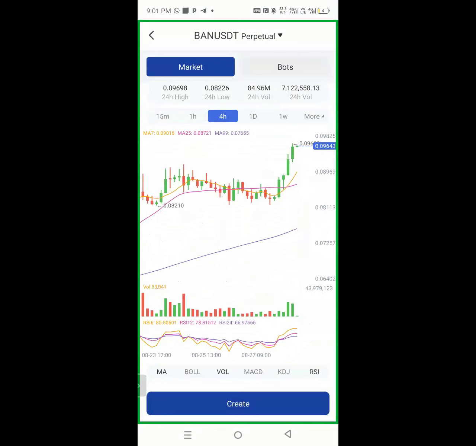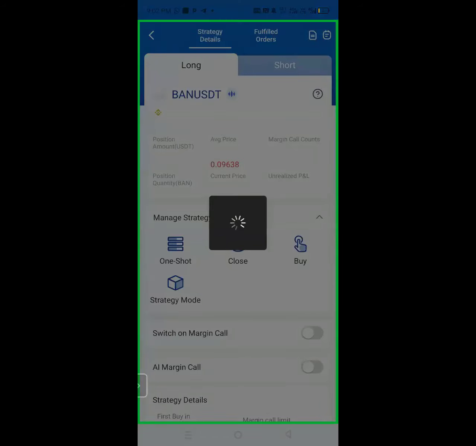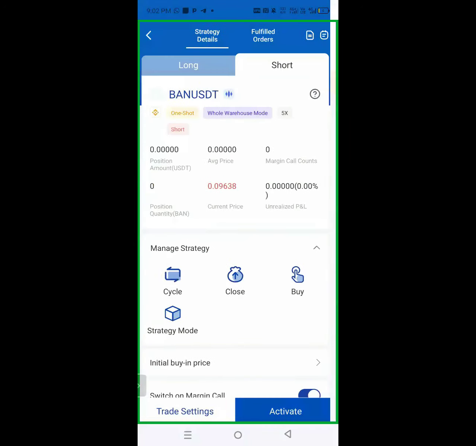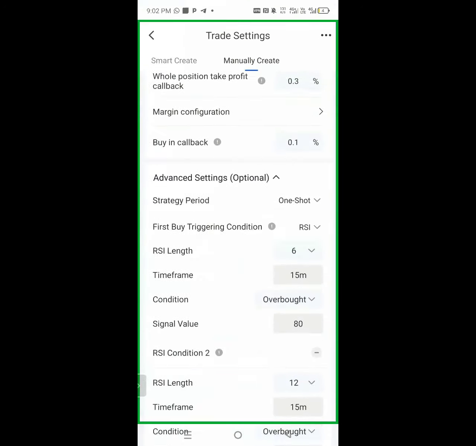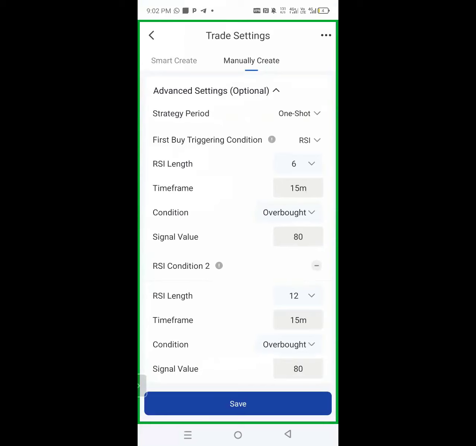So if you start this now, it will not short. It will not start the trade immediately. It must wait for this RSI 12 to get to 80. So let's still use it like that, because it's better to set 2. You understand? Overbought. Okay.